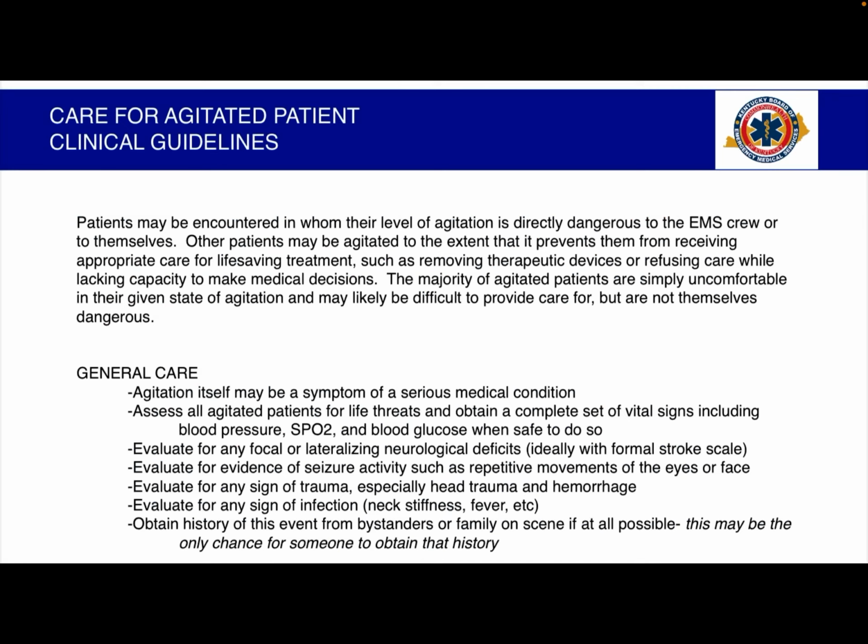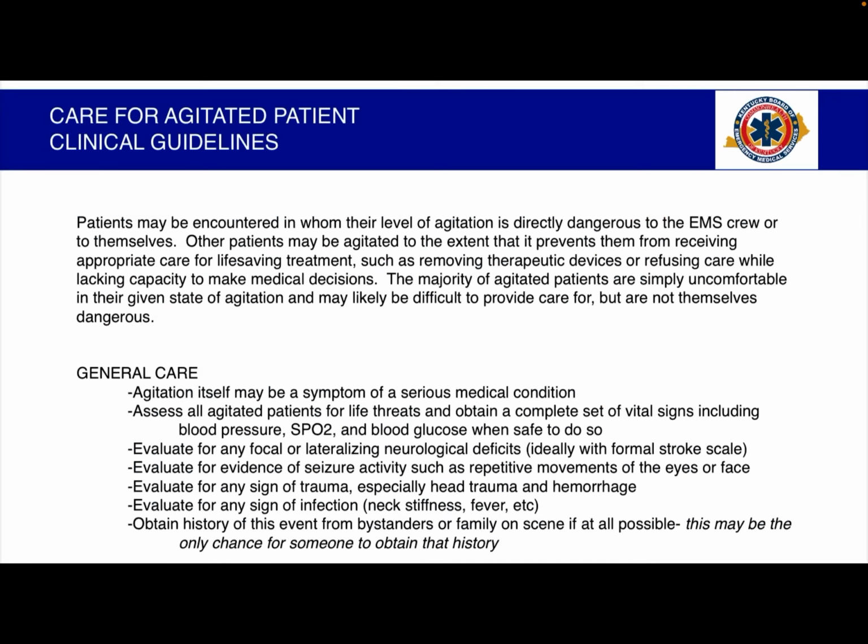You also want to make sure there's no signs of trauma, or try and look for any sign of trauma, especially head trauma or hemorrhage, anything that might alter their mental status. You want to look for signs of infection, whether that's neck stiffness, thinking about meningitis, or fever. It's going down the sepsis road, because sepsis can lead to altered mental status.